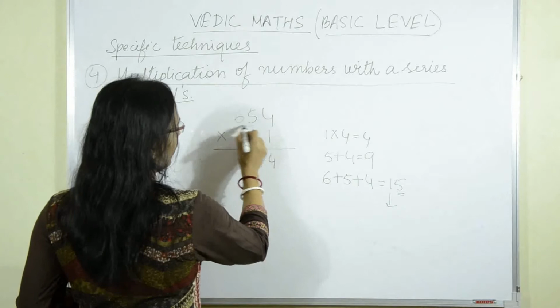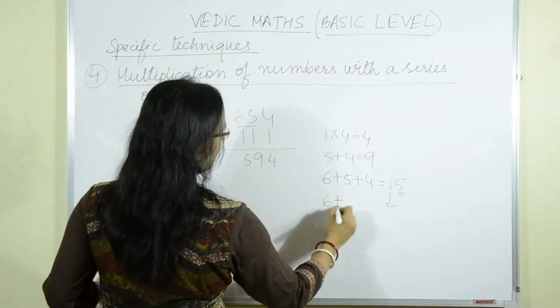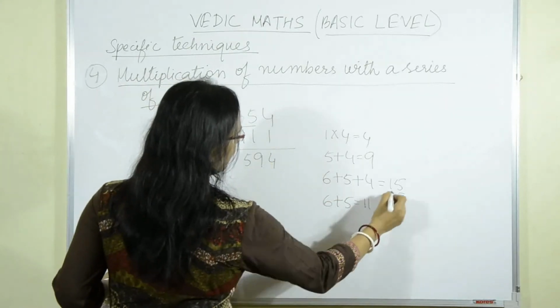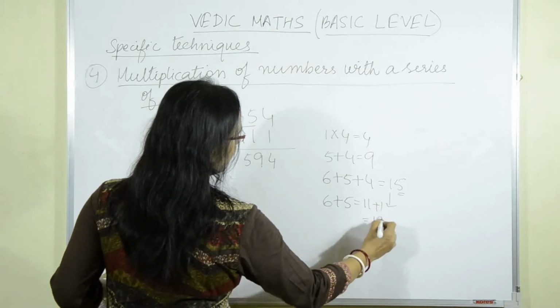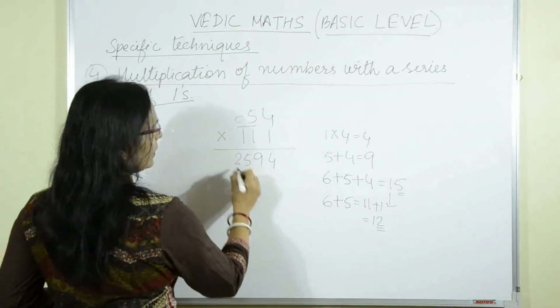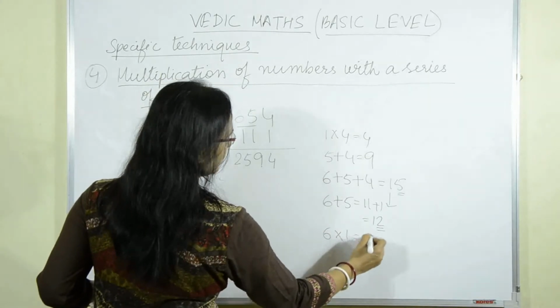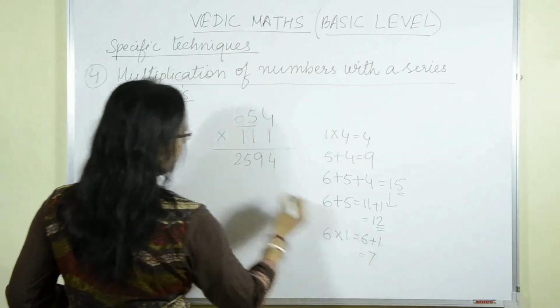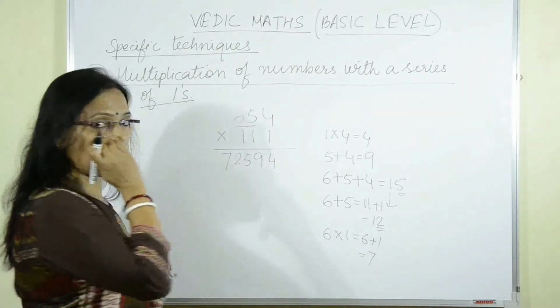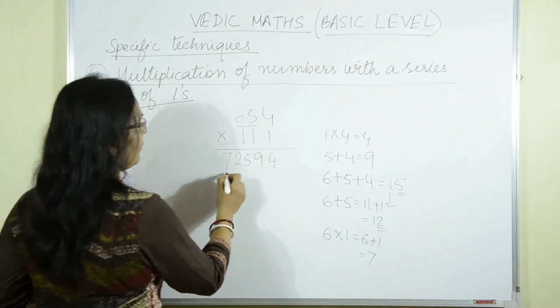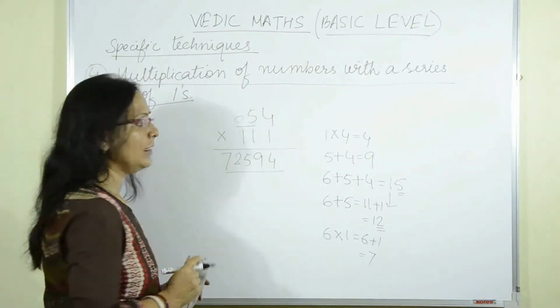And then again I take this 2-digit number, 6 plus 5 is 11, and with this one, 11 becomes 12. I write 2 here, and the 1 is again carried over. 6 into 1 is 6, with this one it becomes 7. So here, what have we got? 72594 as the answer.